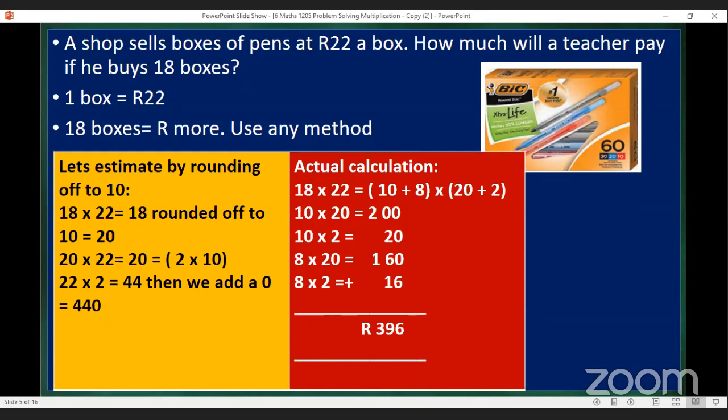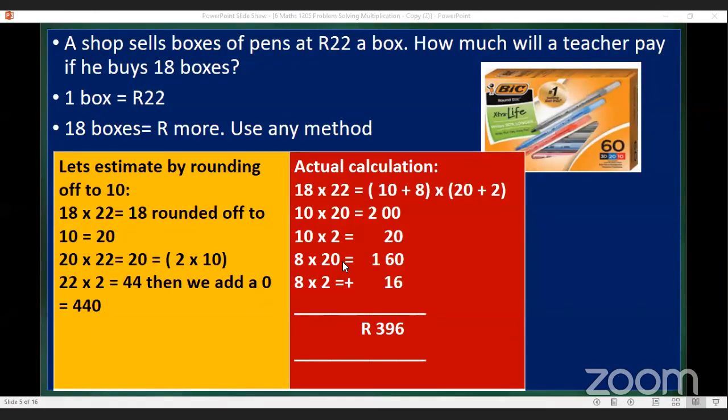And then the next one. You times the 1 with the 2, and that would be 2. Then you add the 0, which makes 20. Yes, you are right.